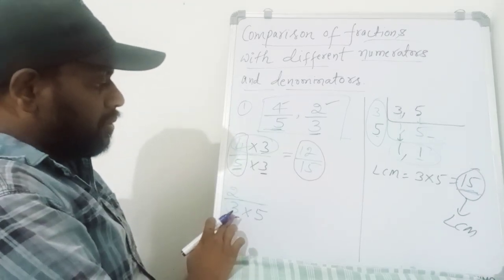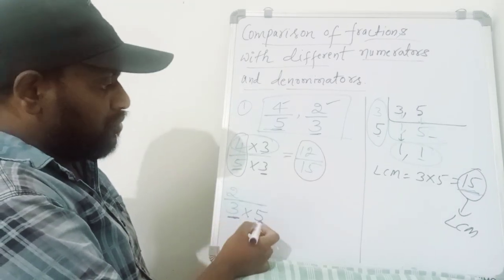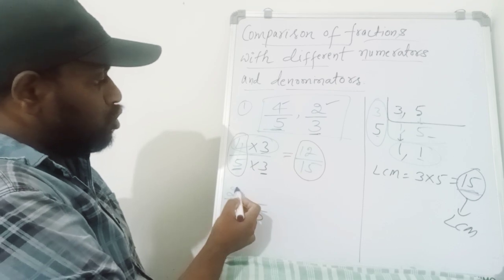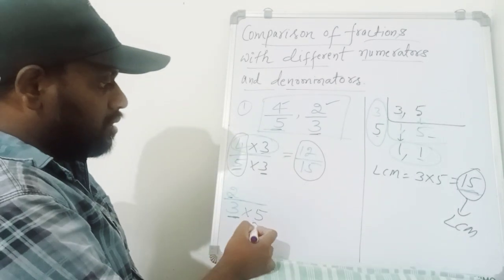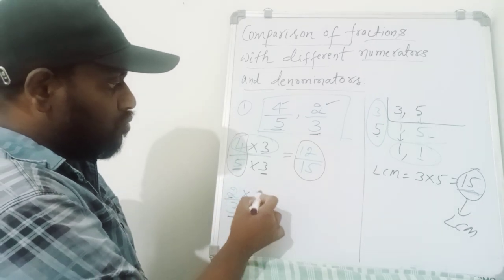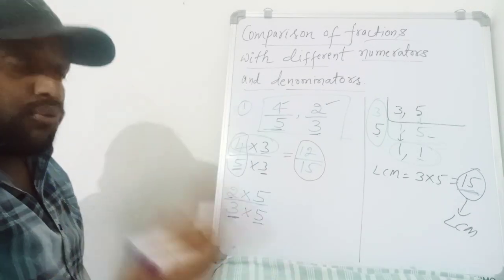So when you multiply this denominator 3 by 5, this numerator 2 should also be multiplied by this 5, 2 into 5, like how we did here.